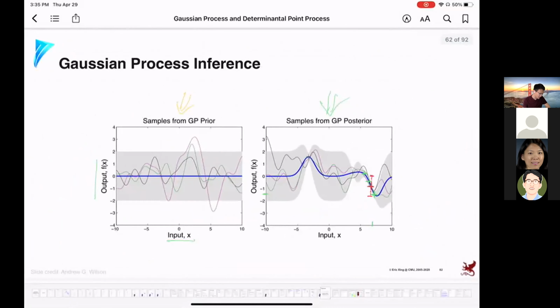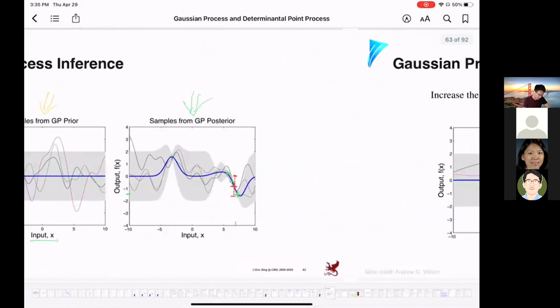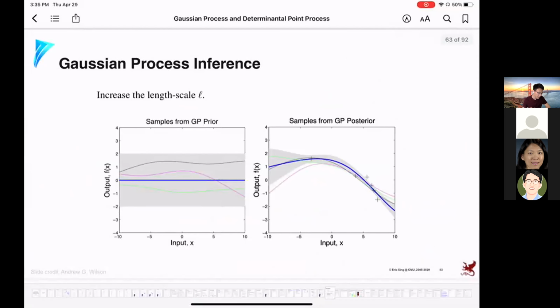But if we only look at a single kernel function with different hyperparameters, which I prepared, it's a comparison of these two functions versus these two functions, right? Through the kernel function, we can have some control of our model. In this case, if we increase the parameter L, each data point will depend on points that are very far away from it.